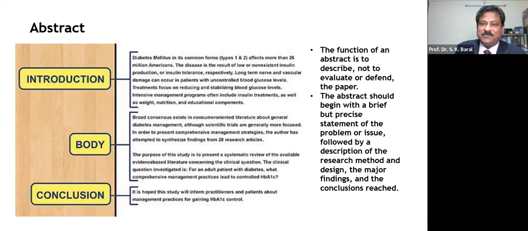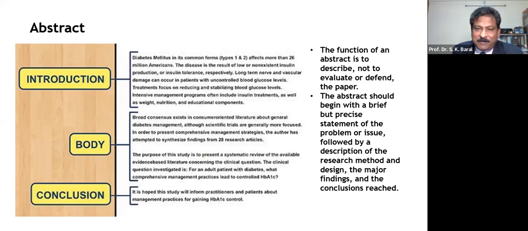So the abstract is to describe in a very scientific manner. The abstract should begin with a brief but precise statement of the problem and issues, followed by a description of research methods and design, and major findings and conclusion, what you have reached, that you have to write down here.